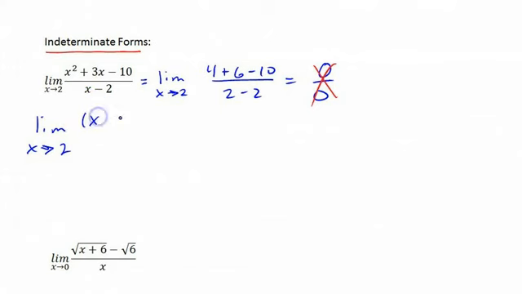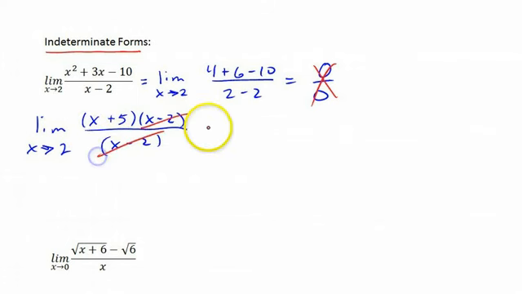And you'll notice that I can factor the top into x plus 5 times x minus 2 all over x minus 2, and now I can cancel those x minus 2's, and it is safe to plug in 2 for x, and I get 7. Now remember that the value of the function doesn't have to exist at 2. We just have to be able to approach this for the limit to exist.